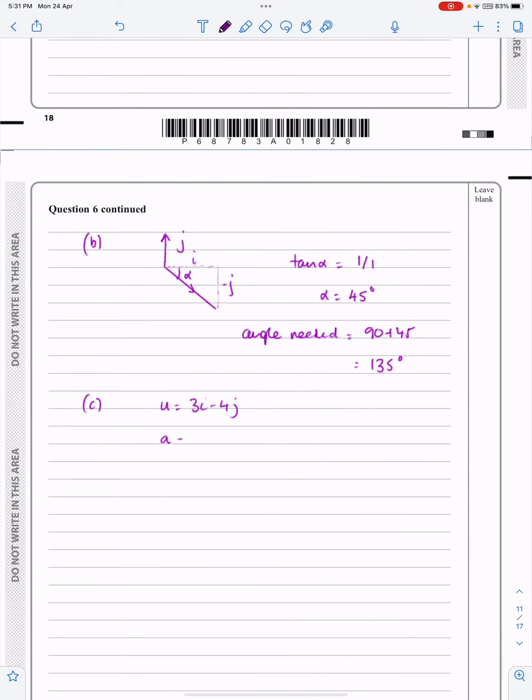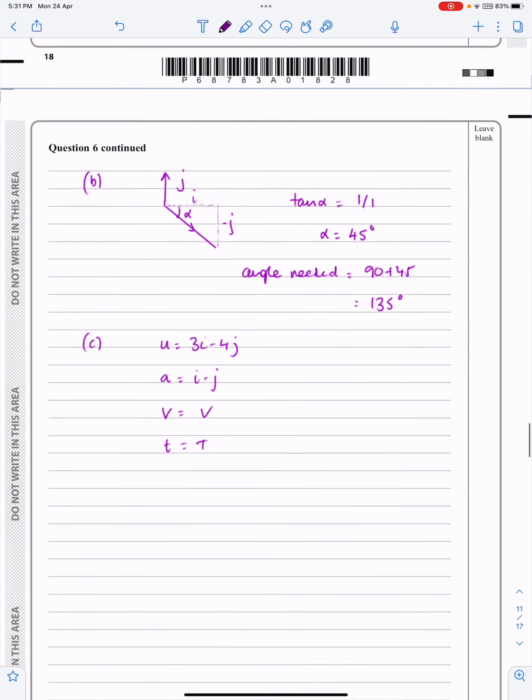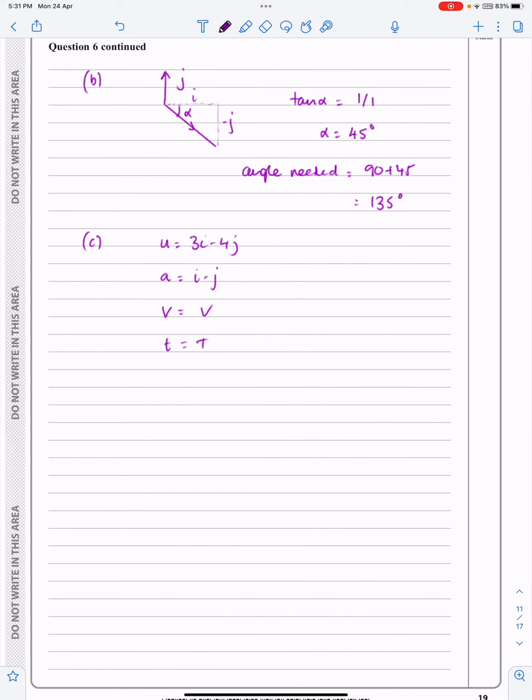We've got a is equal to I - J. I'm trying to work out what v is, and we've got t being equal to t. So if I do v equals u plus at, I'm going to get that v works out to be equal to 3I - 4J plus I - J all times by t, just like last time.